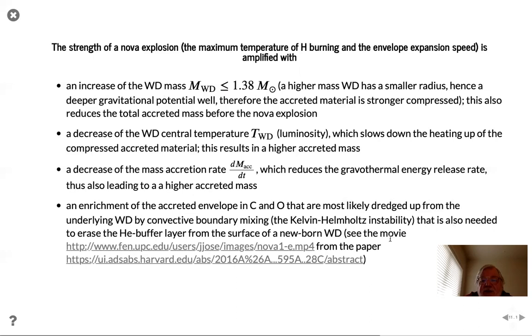You can have a look at this movie, which simulates this boundary mixing event caused by Kelvin-Helmholtz instability, which actually adds carbon and oxygen from the underlying white dwarf to the hydrogen-rich envelope. I can go to this movie right now.